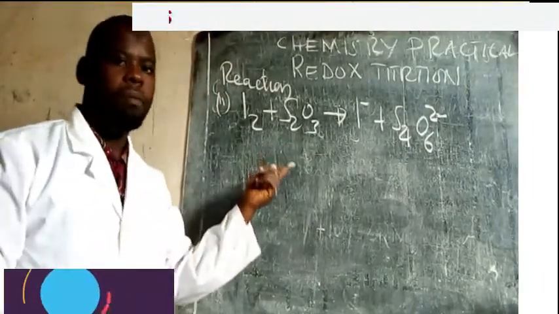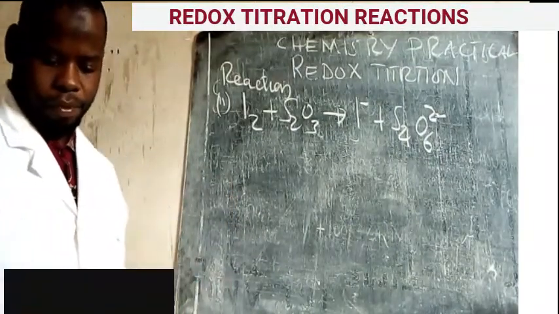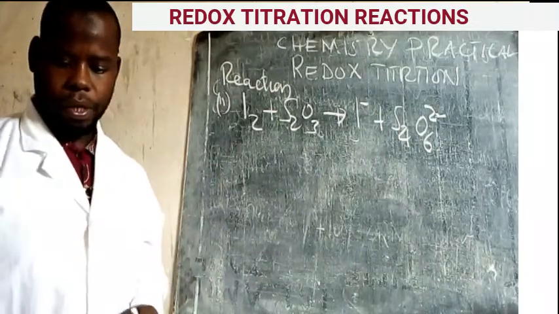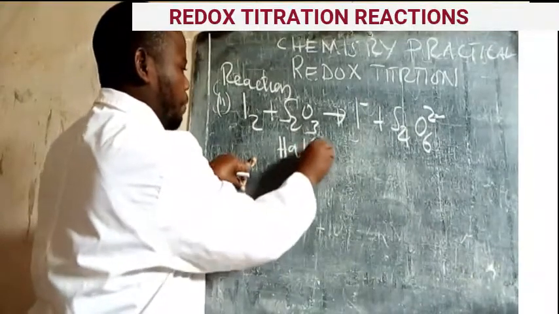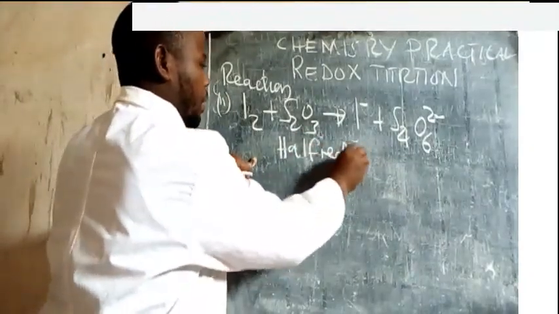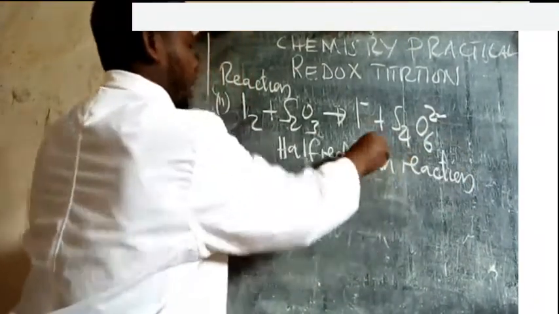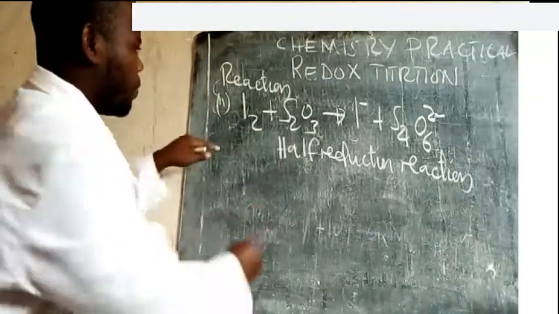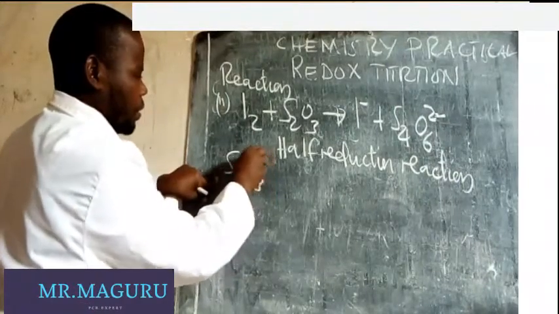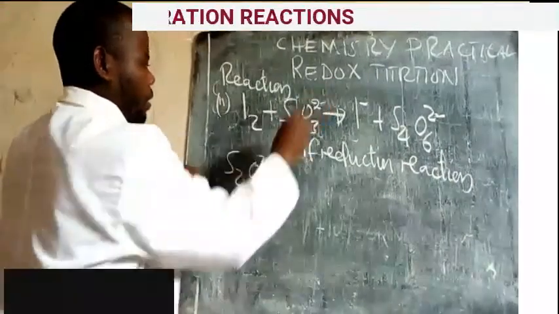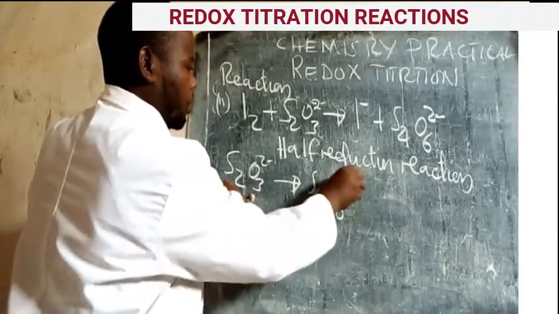So even for this one we have to manipulate half reactions for oxidation and reduction. I think you see that one. So the half reduction reaction will be this one. Will be the sulfate is going to produce this one, 6, 2.